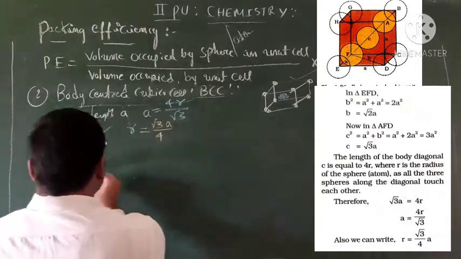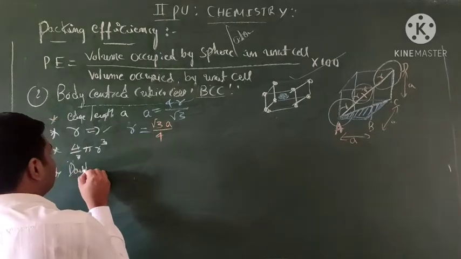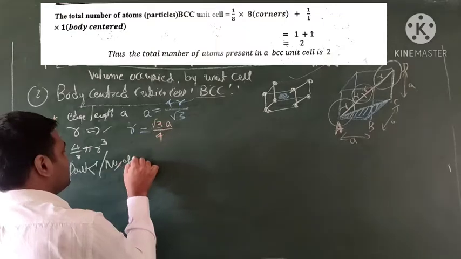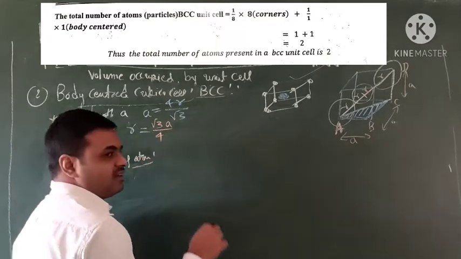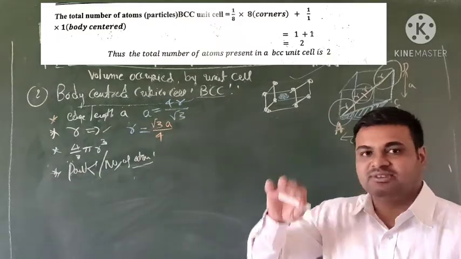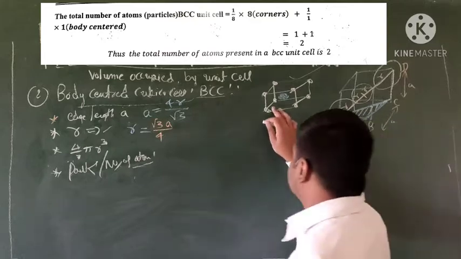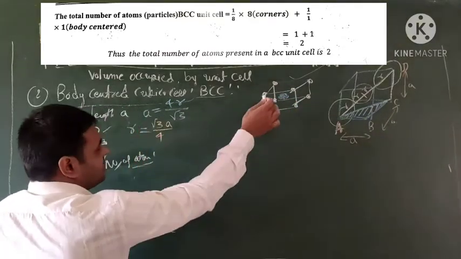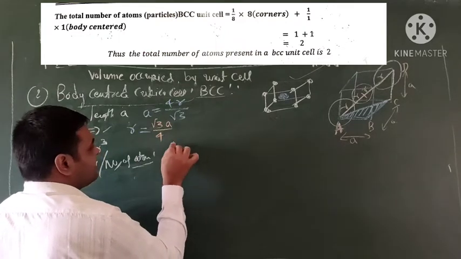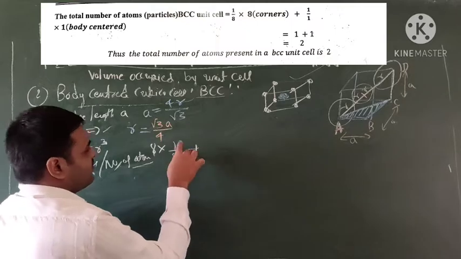Now, the rank means the number of atoms. In the previous classes, we discussed the number of atoms or particles present, in the earlier videos. For a simple cubic cell, how many atoms are present? 1 by 8 into 8: 8 atoms at the corners, each contributing a 1 by 8 portion.